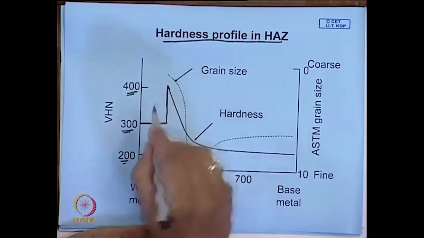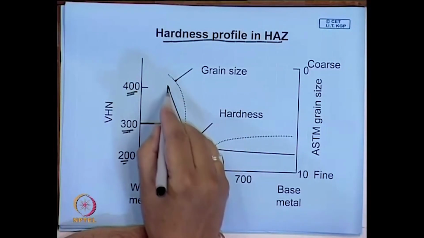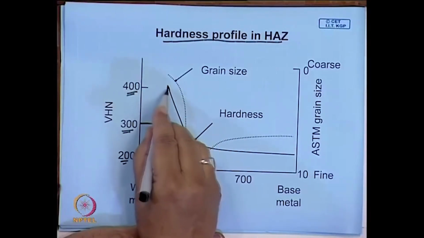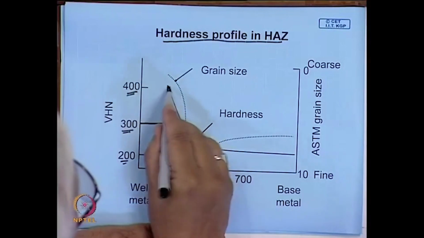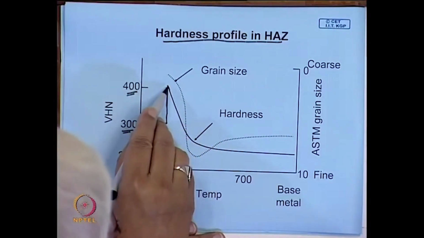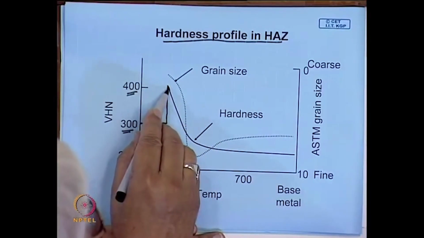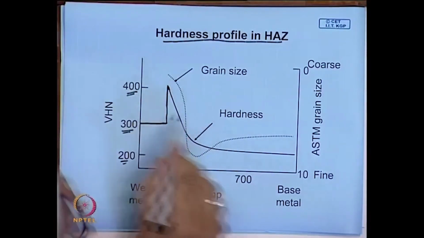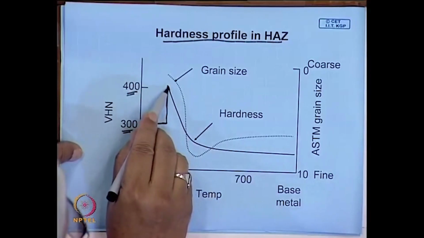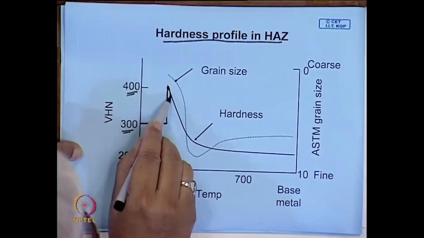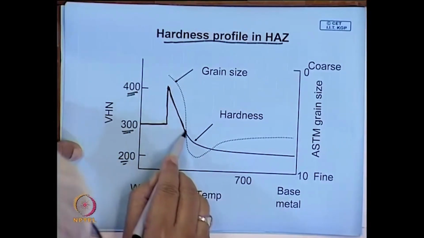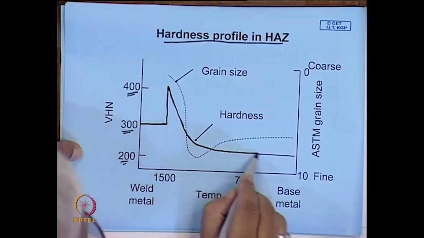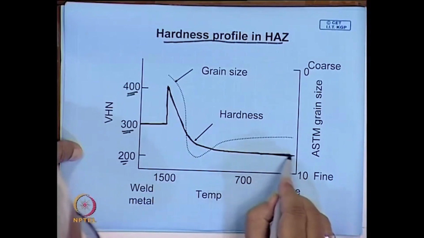This is the heat affected zone just outside that weld metal where the metal has partially melted and you have excessive grain growth. This is the region where grain size is very coarse and you have martensite. So, this is the region you have maximum hardness, and thereafter, further you go away from the fusion zone, the hardness goes on decreasing, and there will be a region where there is no change.